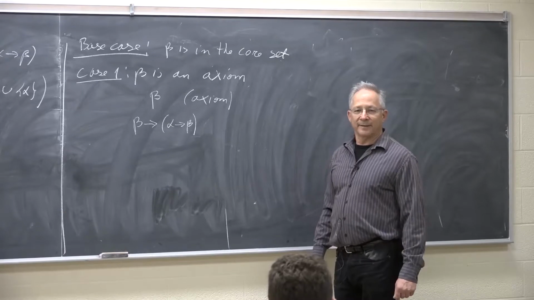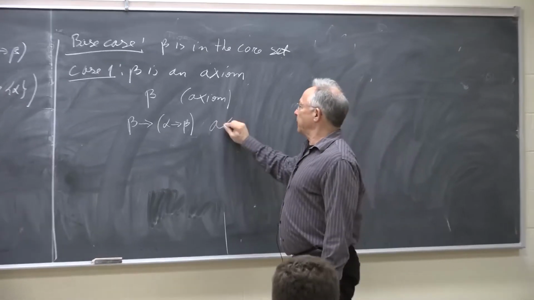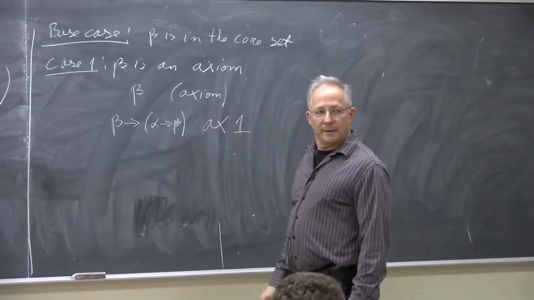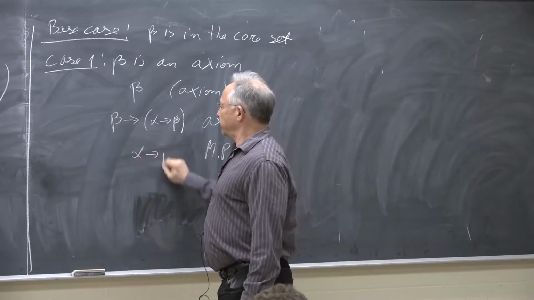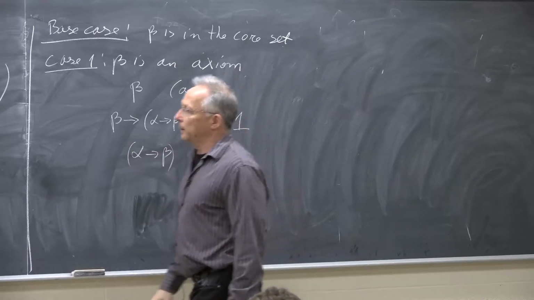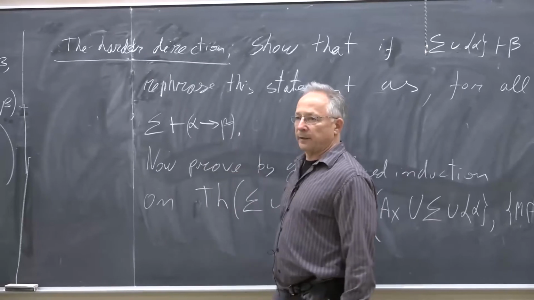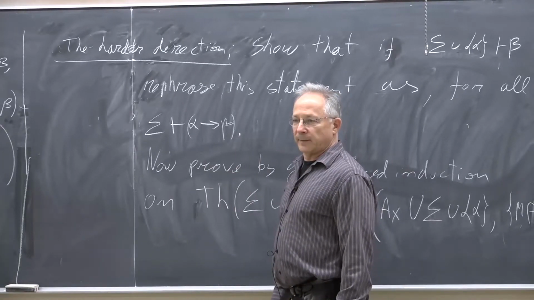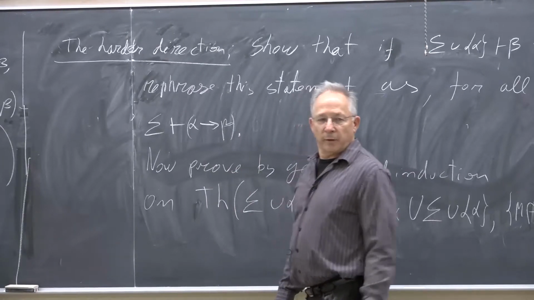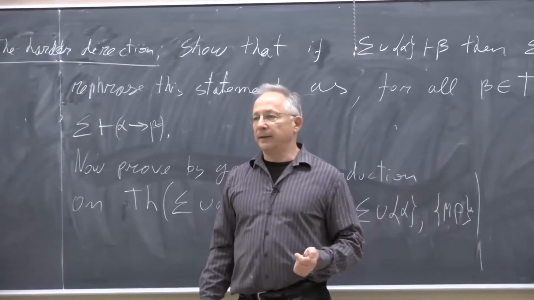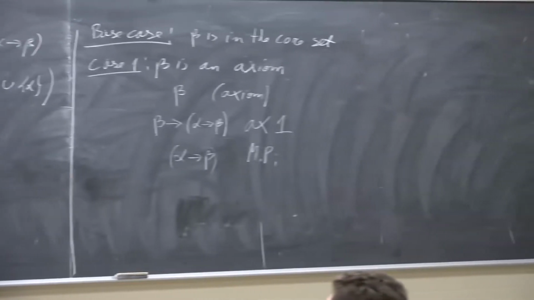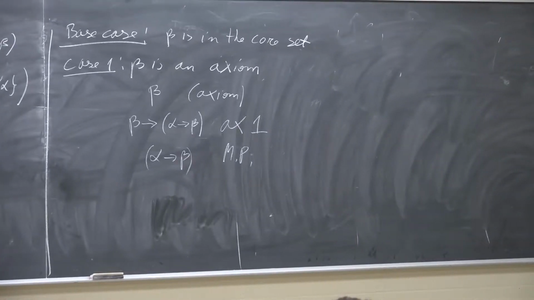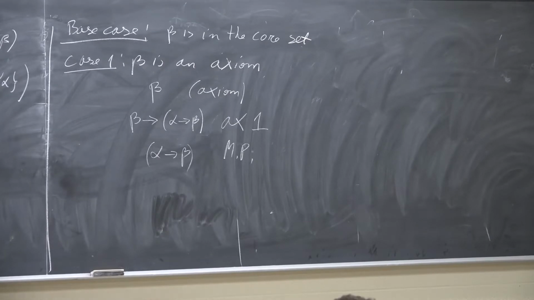This is axiom 1. Now I will use modus ponens, and I will get alpha arrows beta. That's what I wanted to show. So here's my formal proof of alpha arrows beta. As a matter of fact, I didn't even use any assumption from sigma. But it's a legal formal proof. Okay, so that was the first case.